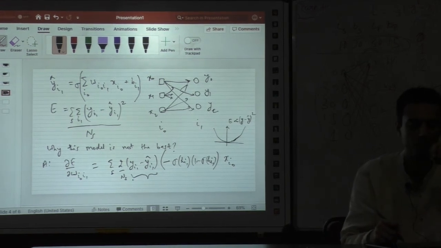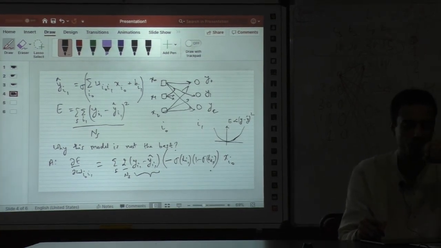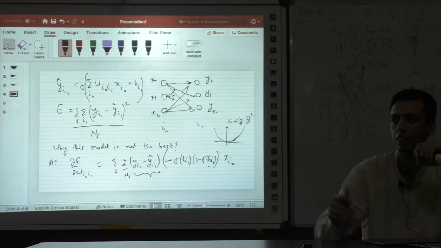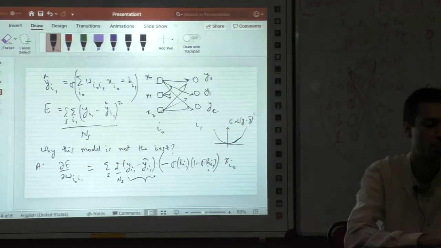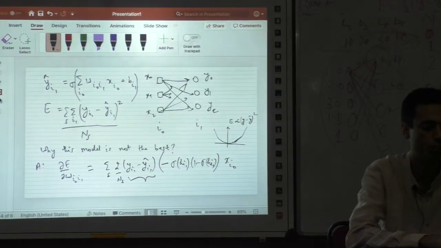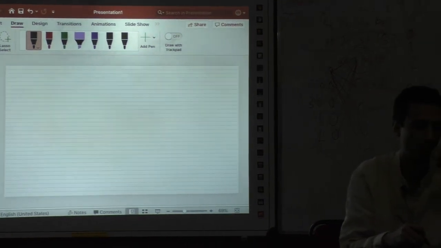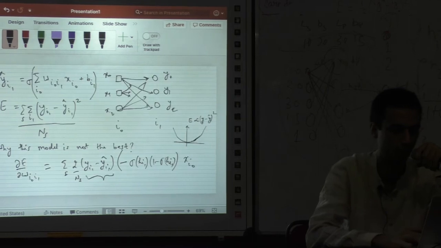This is the slope. This reduces so much that the learning becomes very slow and it becomes practically impossible to train it very well. So instead of this, let us consider this kind of model. Let me just copy some things from there.